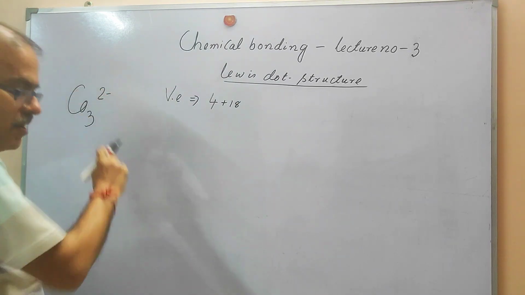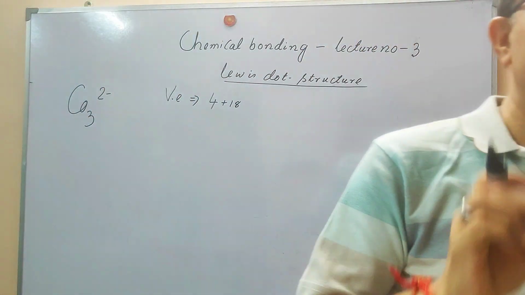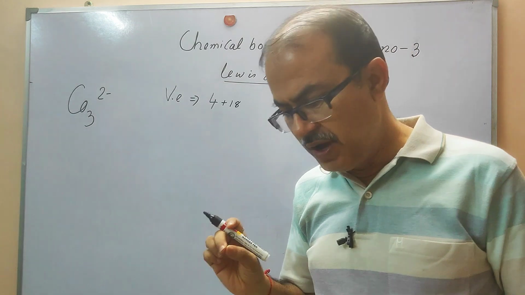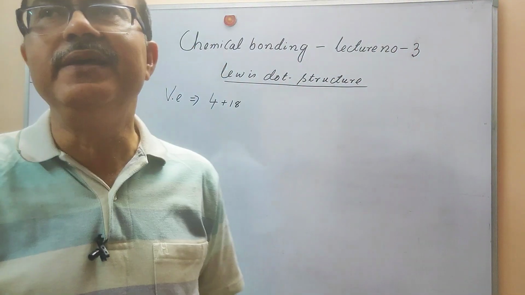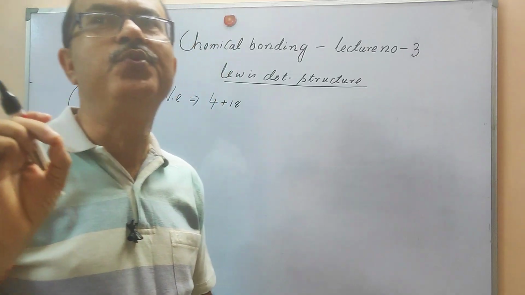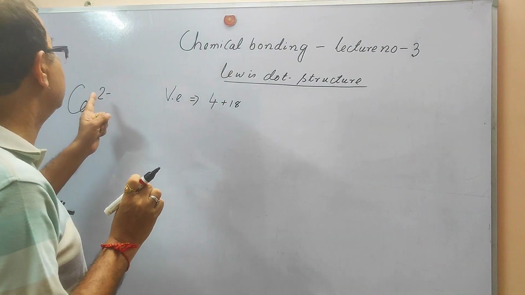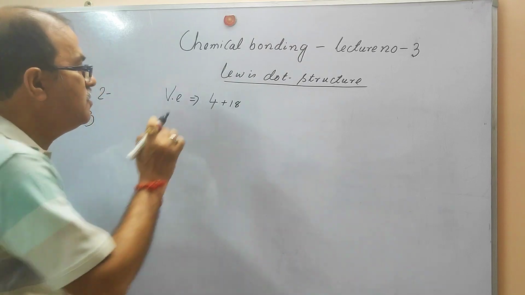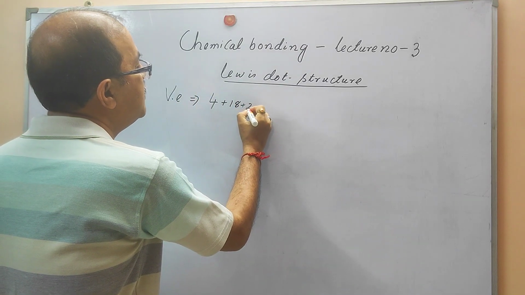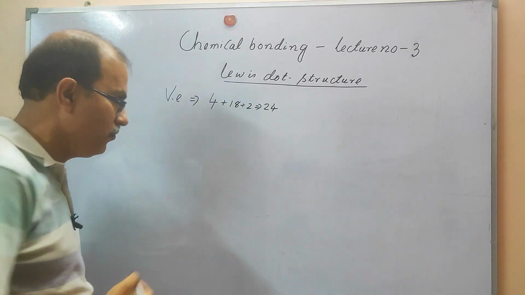For ions, when it is an anion, for each and every negative charge you have to add 1 electron. Here you can see it is 2 minus, which means you have to add 2 electrons, and the total number of electrons is 24.